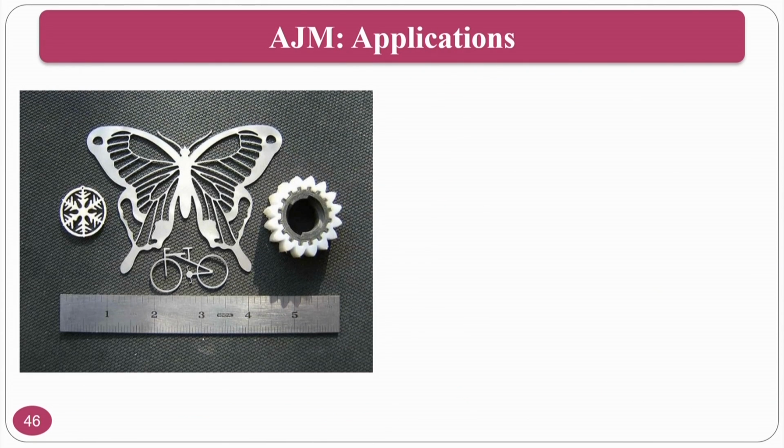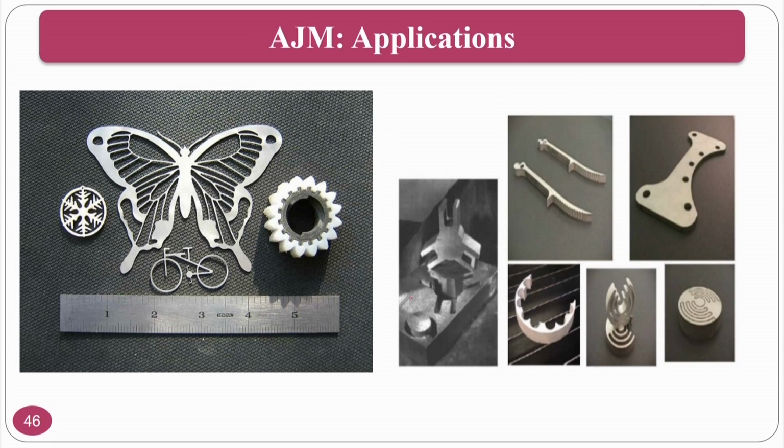Some of the applications, as you can see: butterflies, dendrite structures, cycle structures and gears can be manufactured. At the same time, many complex shapes with thin structures as well as thick structures can be made. Thin as well as thick structures one can cut using the abrasive jet machining process.